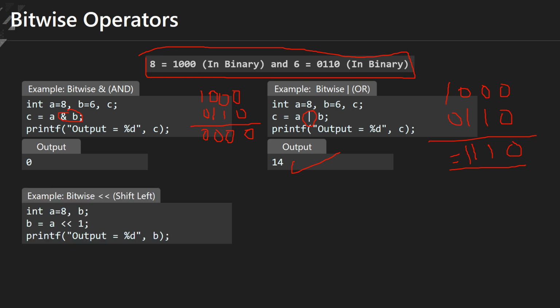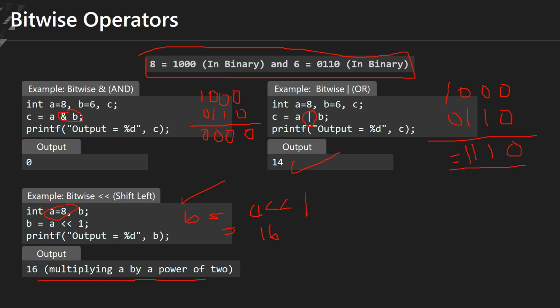Okay, now look at the shifting operator. As we said, left shift means multiply by 2. With A = 8, B = A << 1 means multiply by 2, so the B value will be 16.